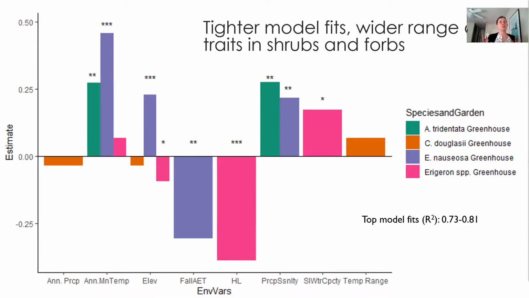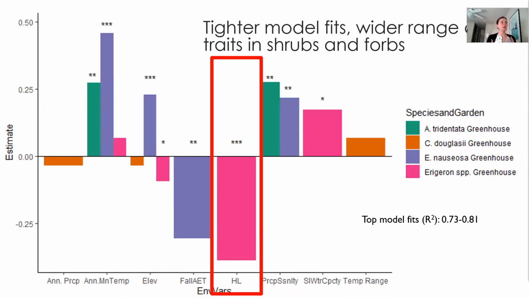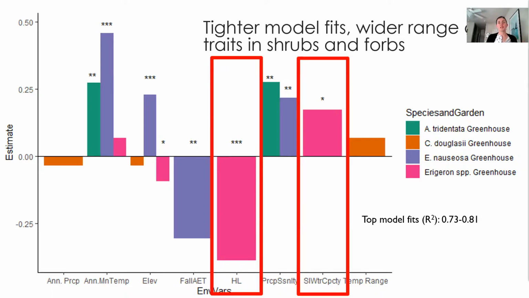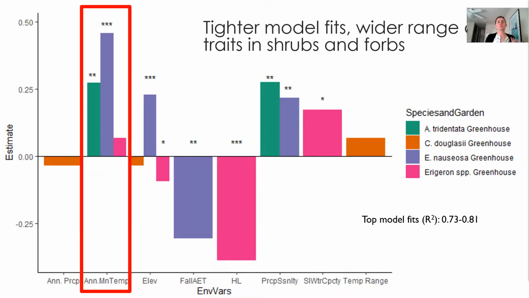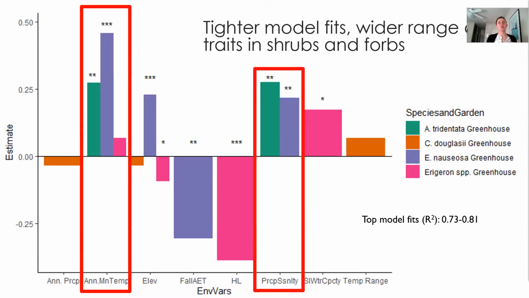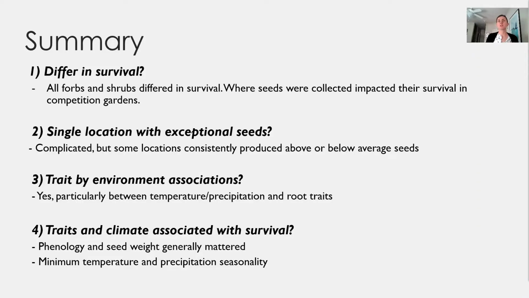These were extremely tight models, but there was a wide range in what seemed to predict survival. For instance, Erigeron was the only genera where heat load and soil water capacity came out as predictive. Also, generally, the populations coming from sites with higher minimum temperatures and greater precipitation seasonality were better at surviving in competition with cheatgrass.